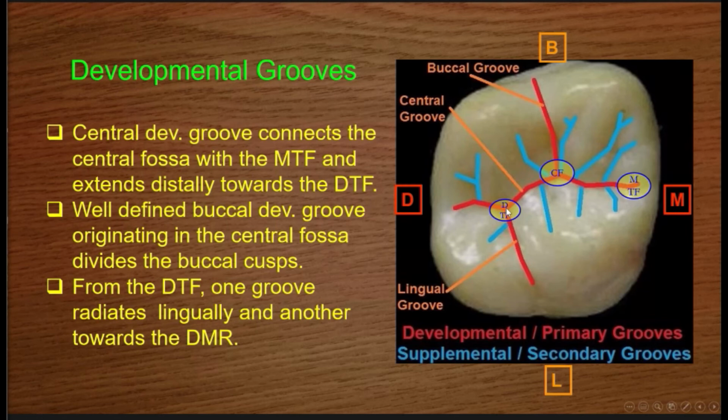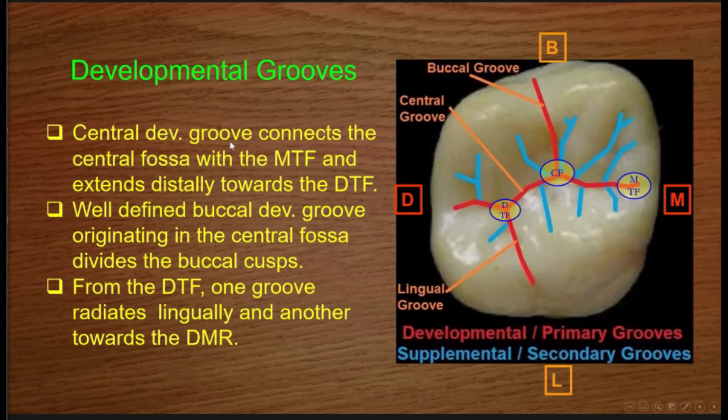After reaching the distal triangular fossa, this developmental groove divides into two parts: one is the lingual groove and another goes to the distal marginal ridge. And from the central fossa, another groove runs on the buccal side to divide the two buccal cusps, the mesiobuccal cusp and the distobuccal cusp, and goes through the marginal ridge and reaches the buccal side.